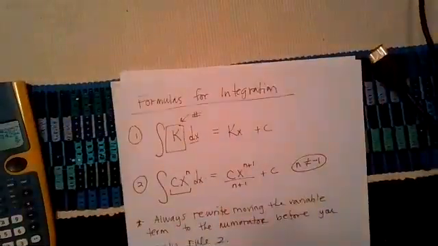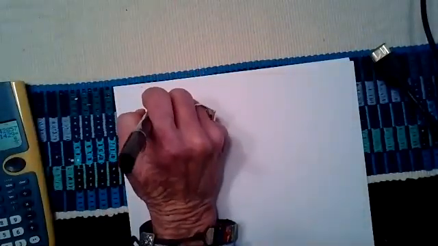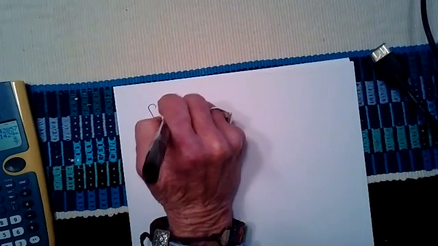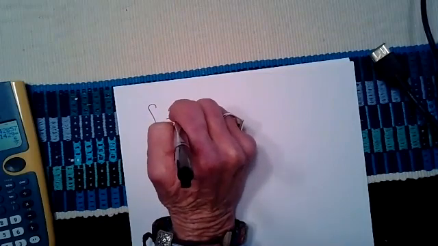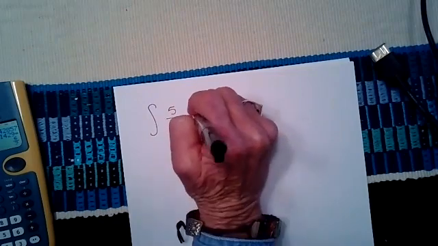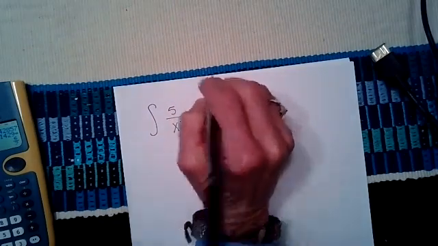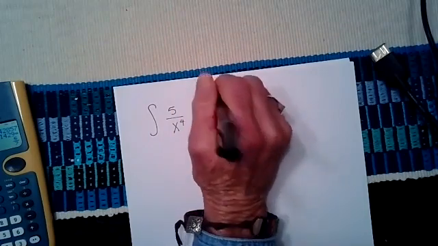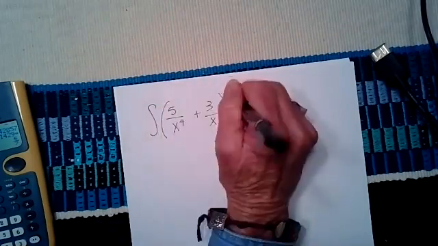Okay. So, rule 3. Well, let's just look at an example first. So what if I'm just going about my business and I have 5/x to the 4th plus 3/x. So I've got 2 terms.